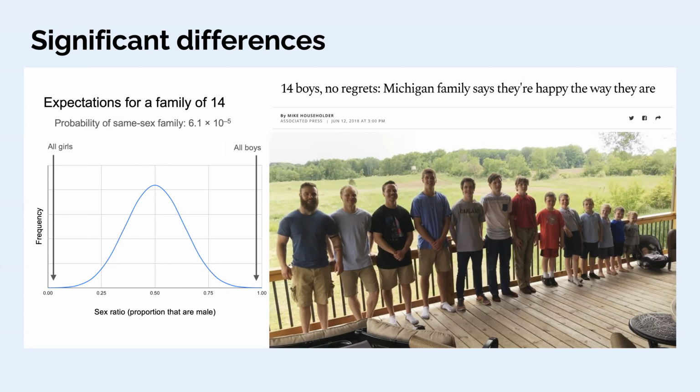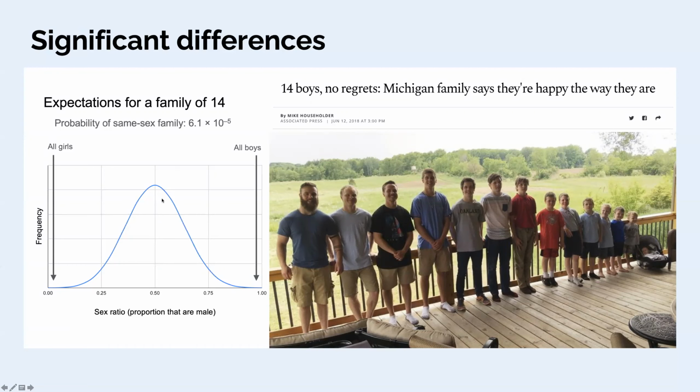And relative to the other possible outcomes here, we can see the probability of observing a single-sex family. This distribution here shows that most families, if we have families of 14, of which I can't imagine there are too many, mostly under this expectation of 50% chance of boy or girl, mostly those are going to be somewhere close to this mean of 50%, half boys, half girls.